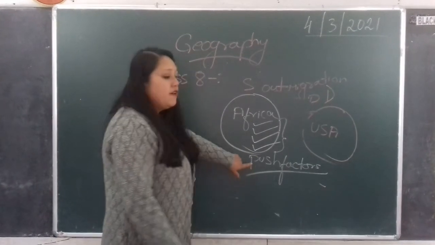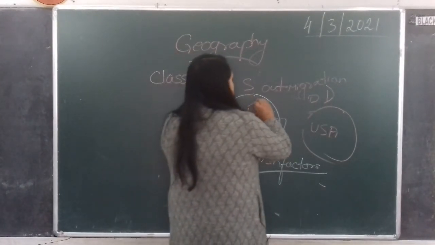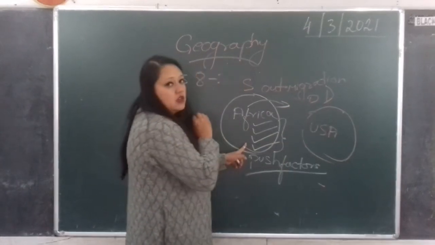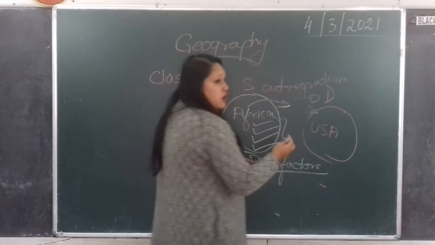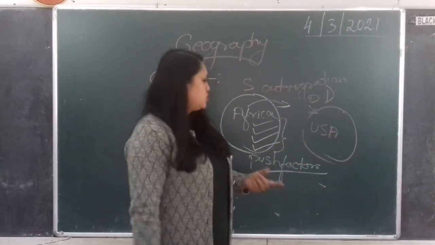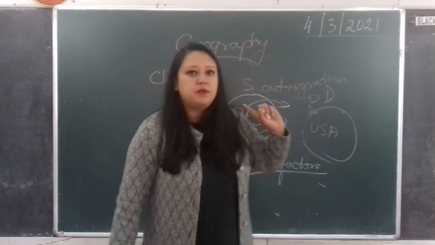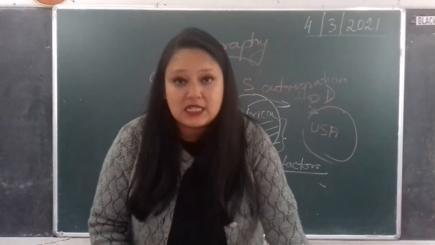So all these factors are push factors which push people out of a country. Later on, when we are talking about immigration, we shall be doing pull factors. Pull means to attract people into the country, and push means to make people go out of the country.